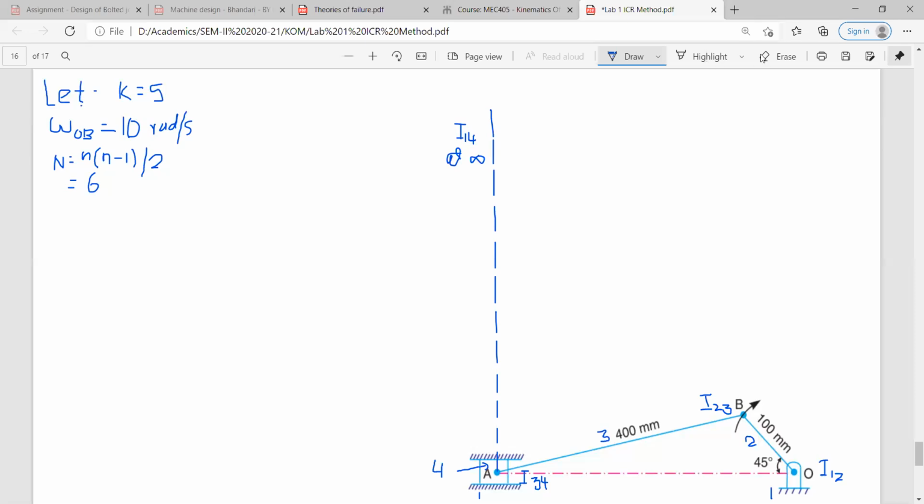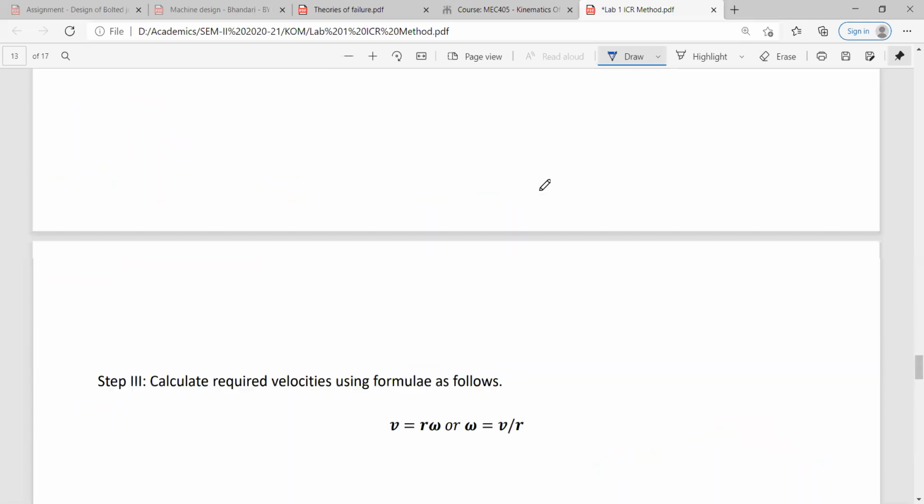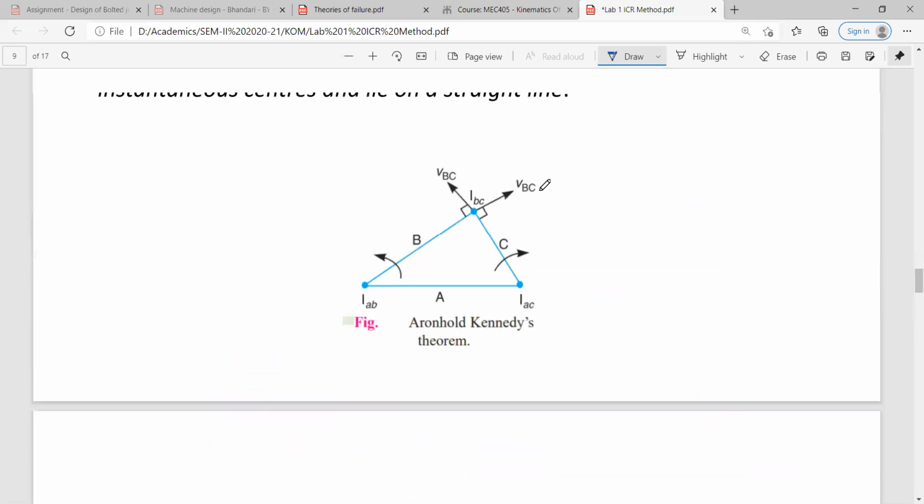I14 is at infinity. I explained this concept to you. Okay, I will again go back for that concept.